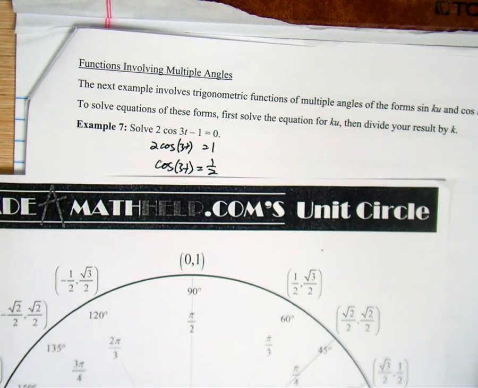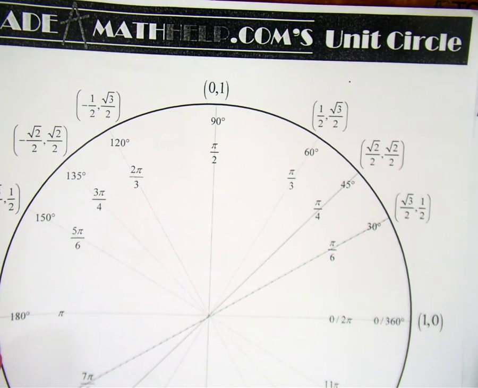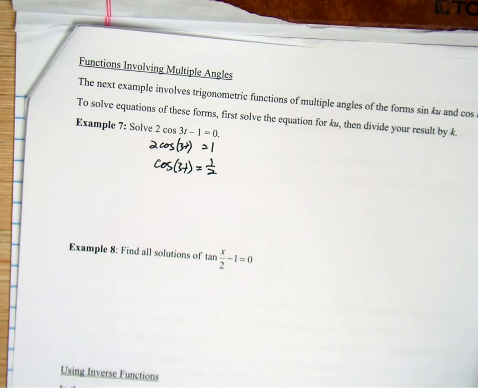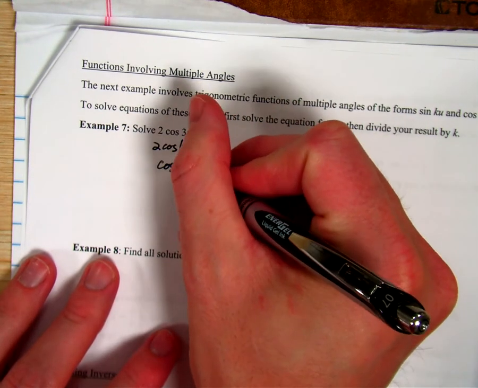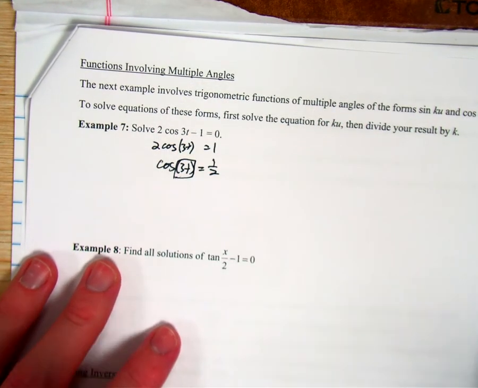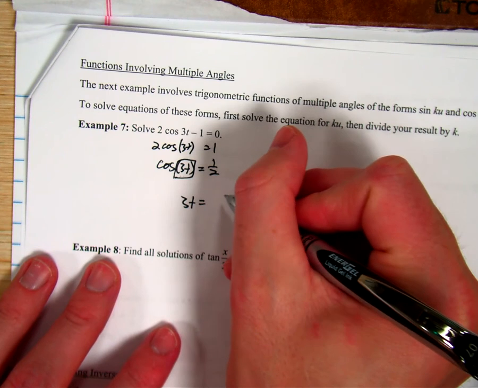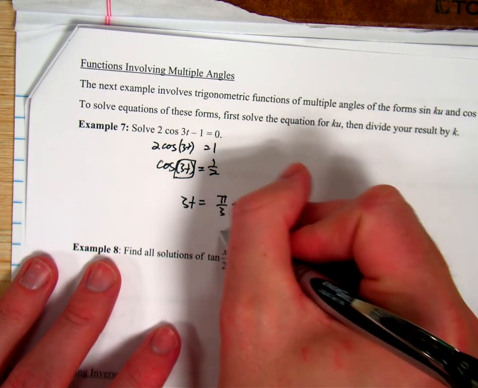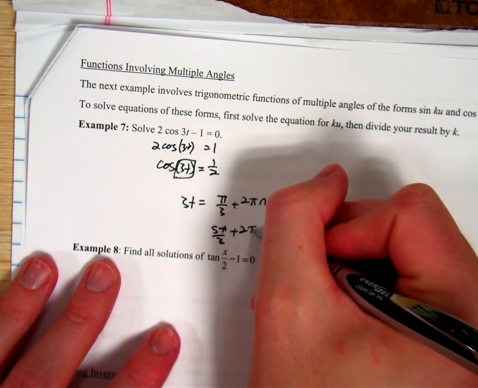All right, where does cosine equal positive 1/2 at? Pi over 3. 5 pi over 3. Okay, pi over 3 and 5 pi over 3. So now we're going to take into consideration the 3t part. So normally we would say, oh, it was pi over 3 plus 2 pi n and 5 pi over 3 plus 2 pi n.